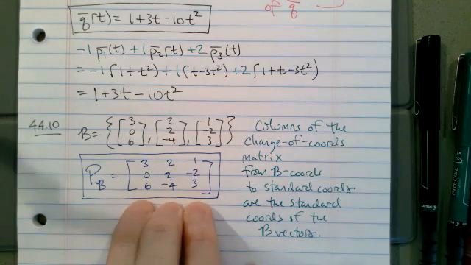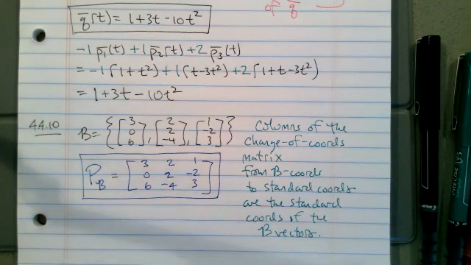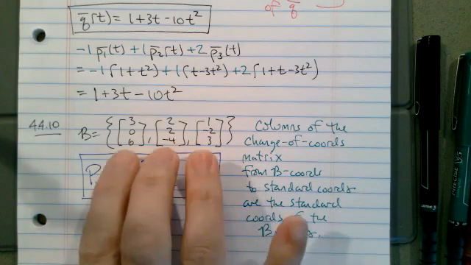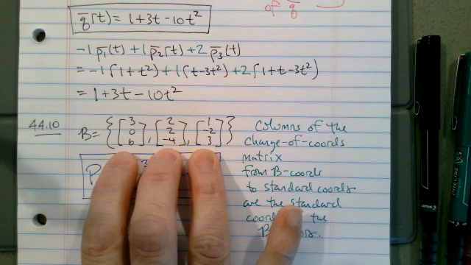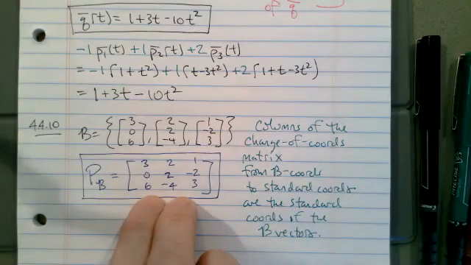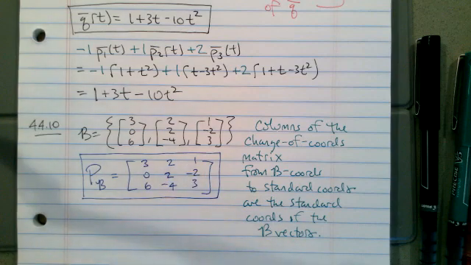These are all standard coordinates of the B vectors. To check whether it works, you can write a linear combination of these vectors and multiply that by this matrix, and you'll get the standard coordinates. And then try to solve the equation that will give you the B coordinates of some standard coordinates, and you'll see that it goes back around in circles.